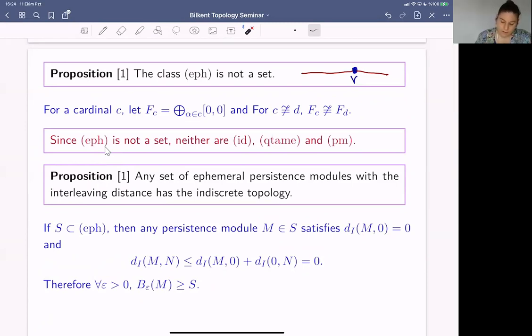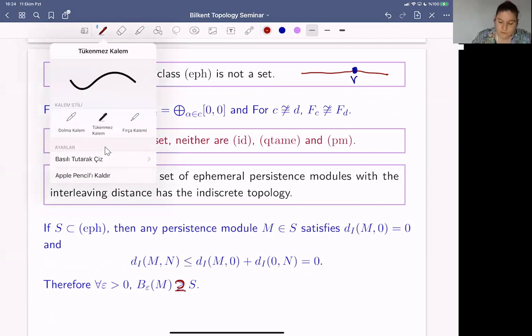And by the triangle inequality, the distance between any ephemeral persistence modules will be 0 as well. So that means when you consider the epsilon ball centered at the persistence module M, this ball will contain all elements. So we can say that the topology is the indiscrete topology.